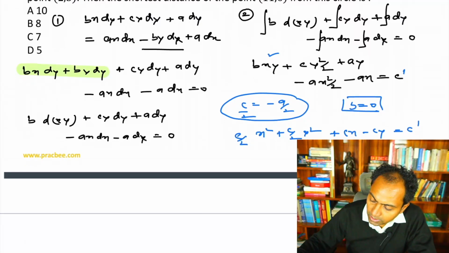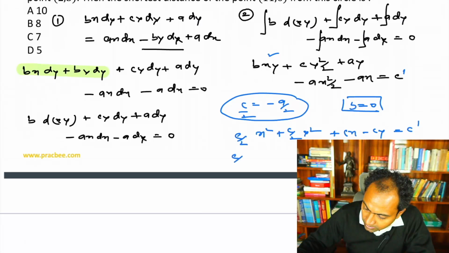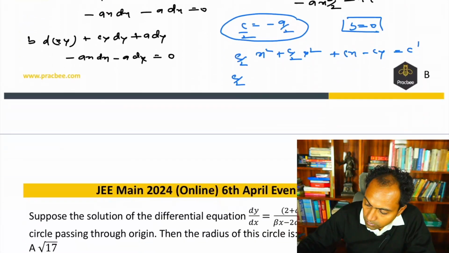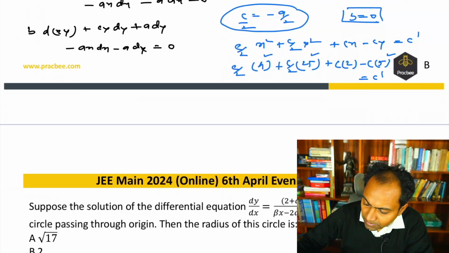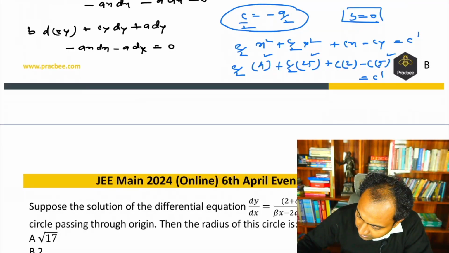So if I put here 2, 5, so this will become c by 2 into 4 plus c by 2 into 25 plus c into 2 minus c into 5 is equal to c dash.